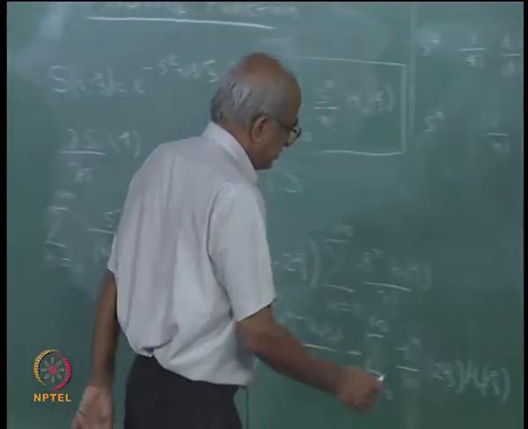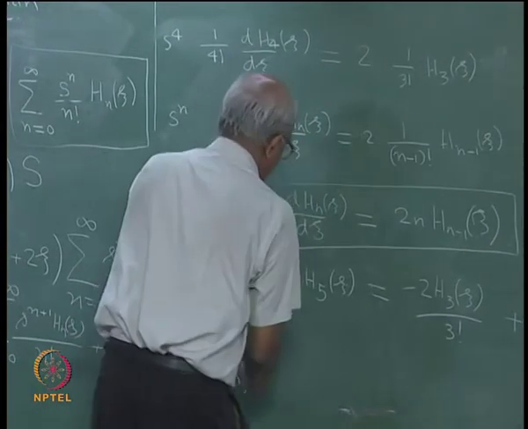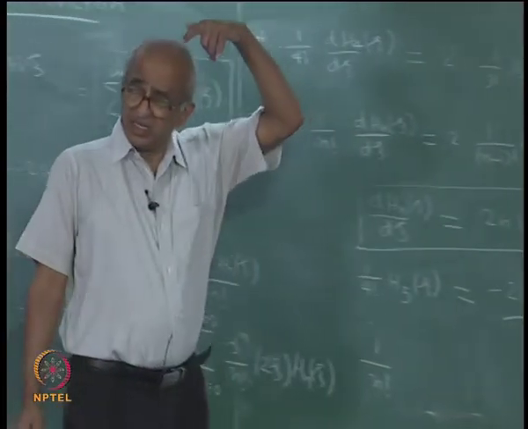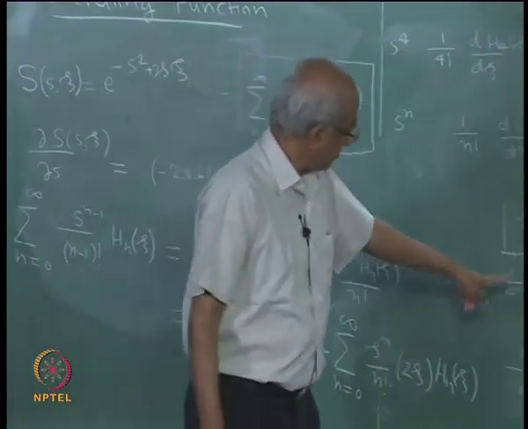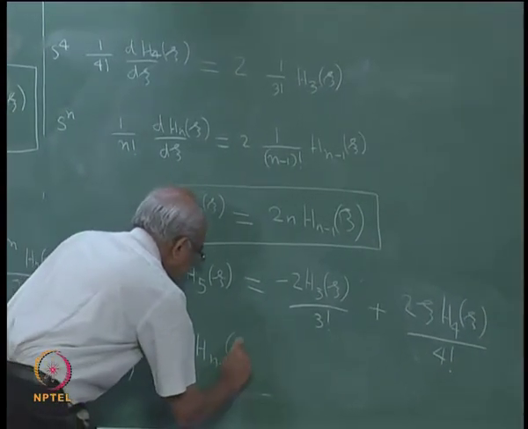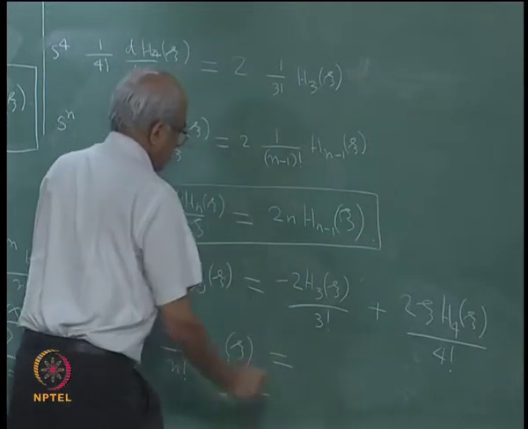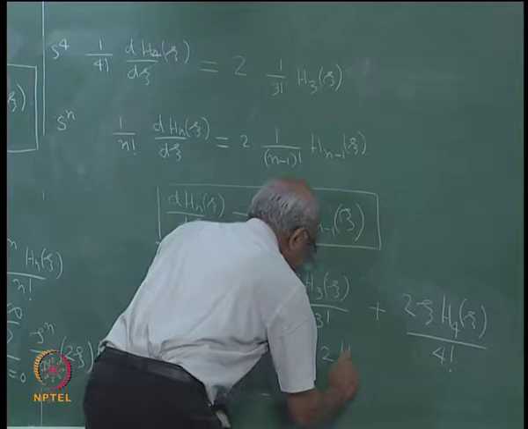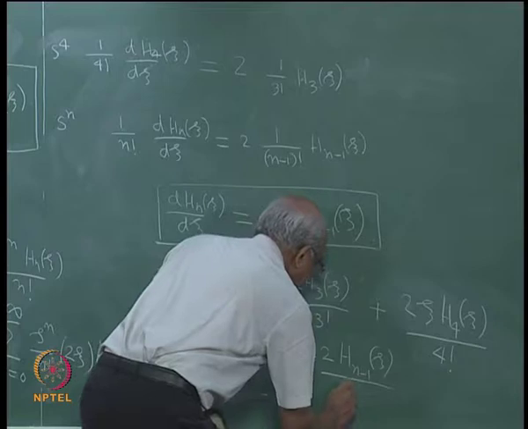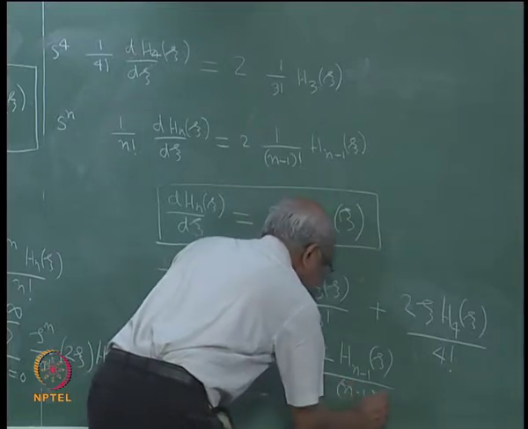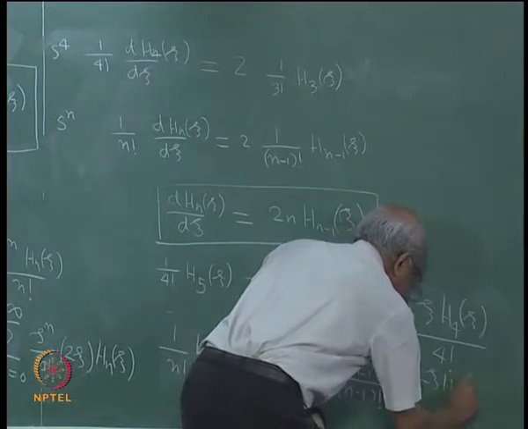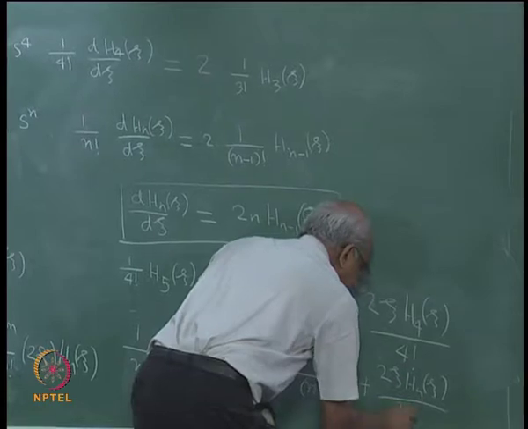So, let us now generalize. In general, what will happen? I will have 1 by n factorial. I am going to equate the powers of s to the power of n. This is for s to the power of 4. So, what is going to happen is I would have H n plus 1 of C equal to minus 2 H n minus 1 of C divided by n minus 1 factorial plus 2c Hn of C divided by n factorial.